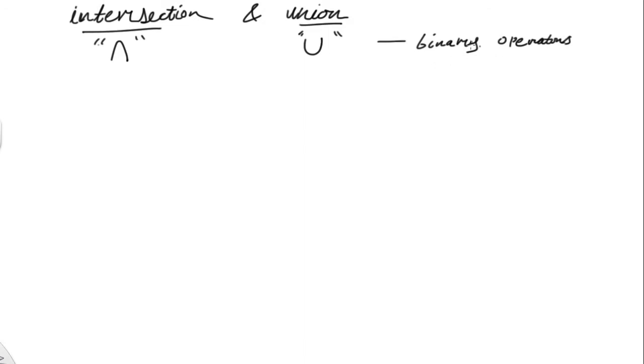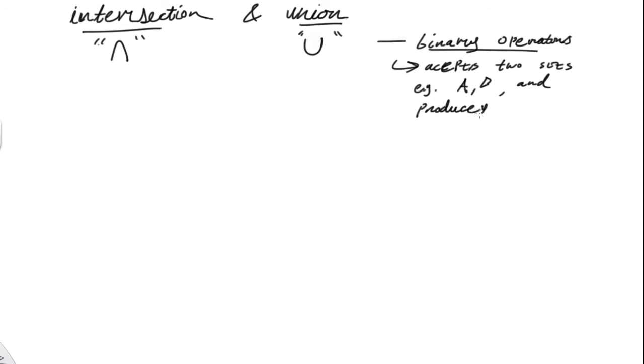So you might be asking, what the heck is a binary operator? A binary operator accepts two sets, say, for example, A and B, and produces a resulting set.